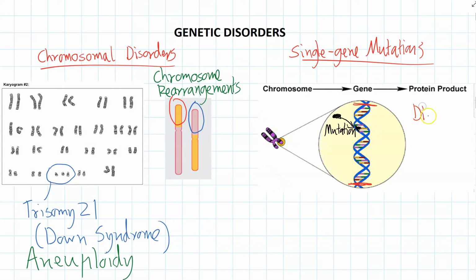So you can have genetic diseases, but you can also just have variation. Like this is how people have different heights, different eye colors, different hair color, any types of variation are just caused by mutations in a gene and then changes in the protein.